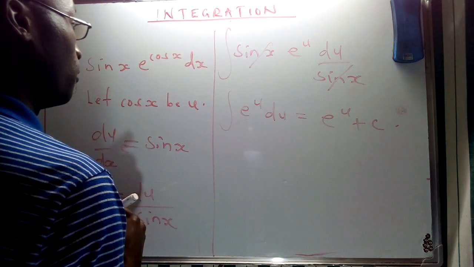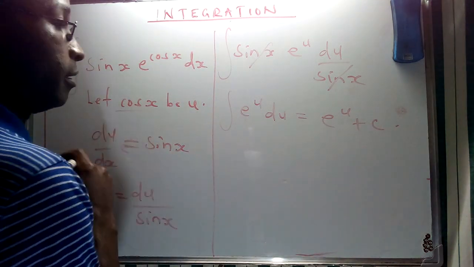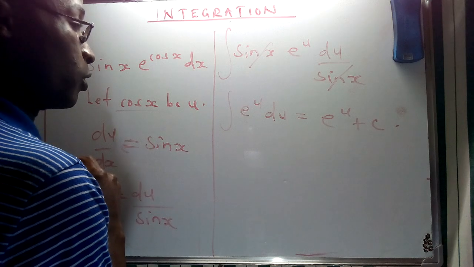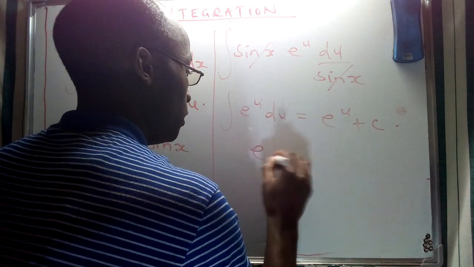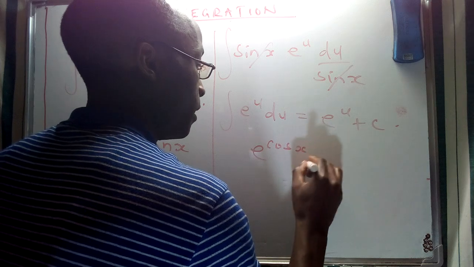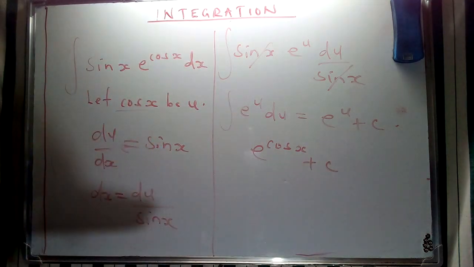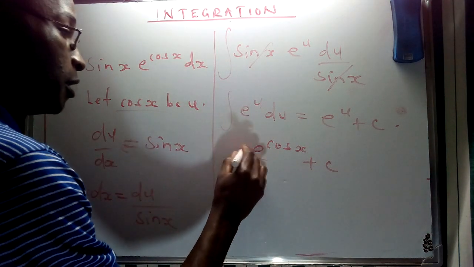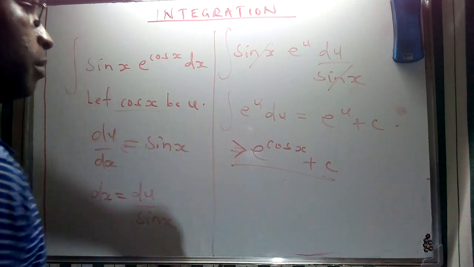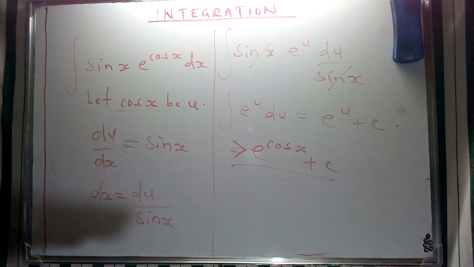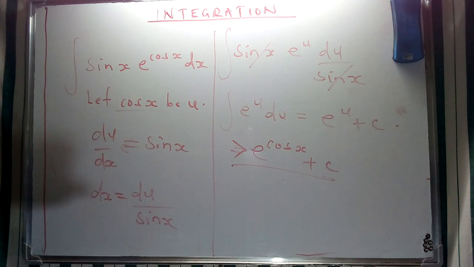Now, in doing a substitution for this specific value, we had said that u is going to be represented by the cosine of x, and this is going to be e^(cos x) plus c as the value of that specific integral. So this is also another way in which we can find the result of the integrals of those specific functions.